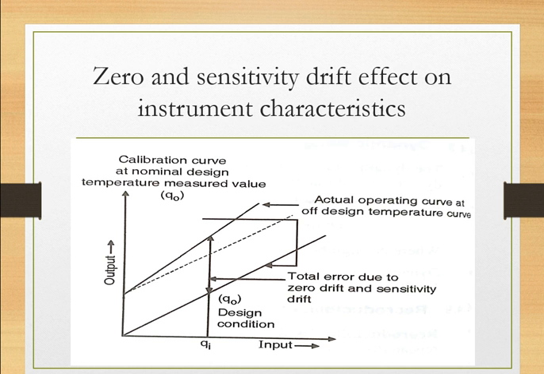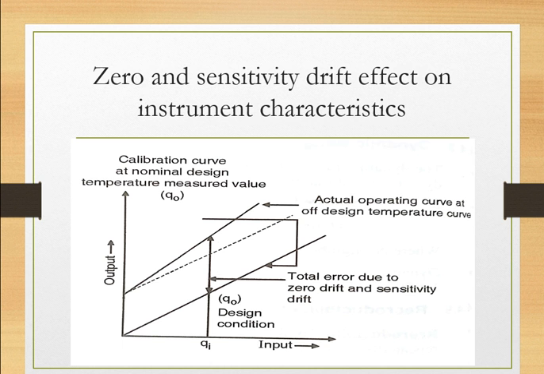Inside that we are generally using a bridge, and the bridge circuit becomes unbalanced here, and as a result there is an output drift. So it may be a combination of zero drift and sensitivity drift.